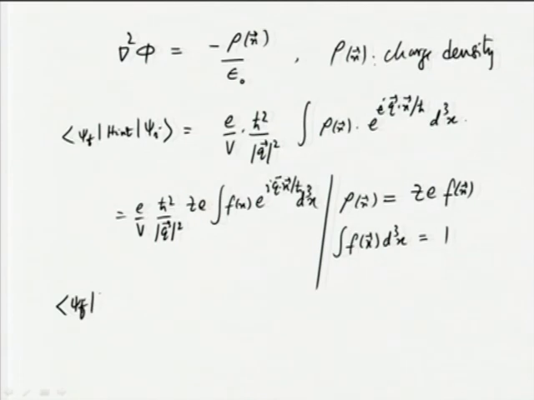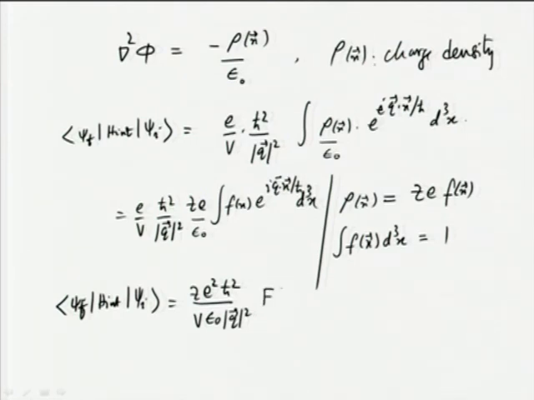⟨ψ_f|H_int|ψ_i⟩ equal to Ze^2 h cross square over V. Of course, I missed an epsilon 0 in all this, so rho over epsilon 0 was there. V epsilon 0 q square, integral over this thing I will write as F(q), the Fourier transform of this.